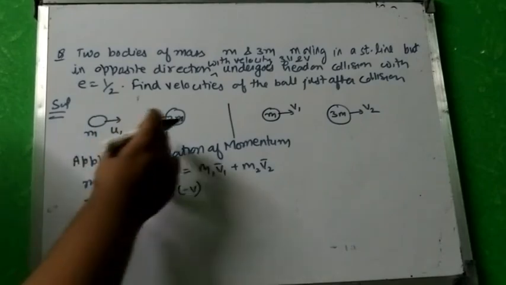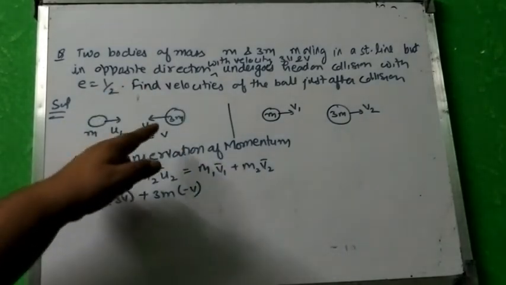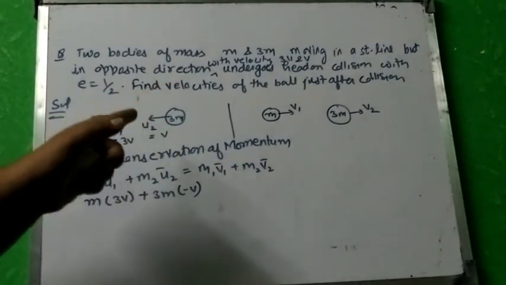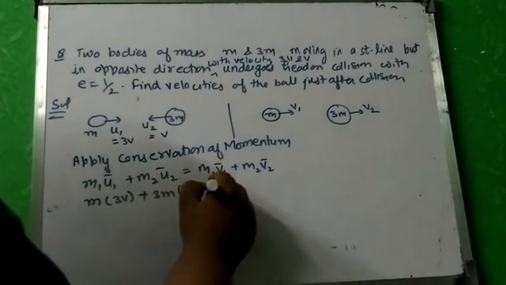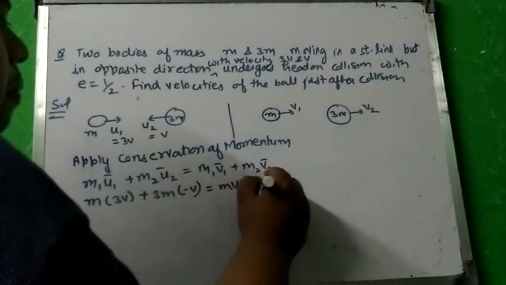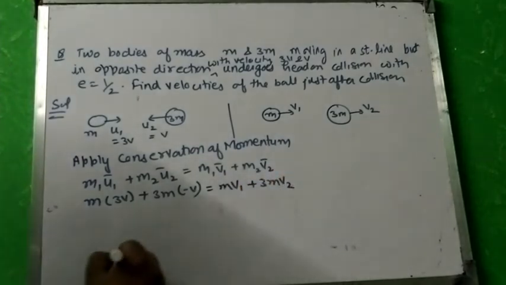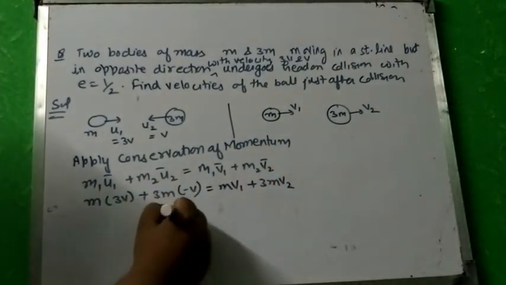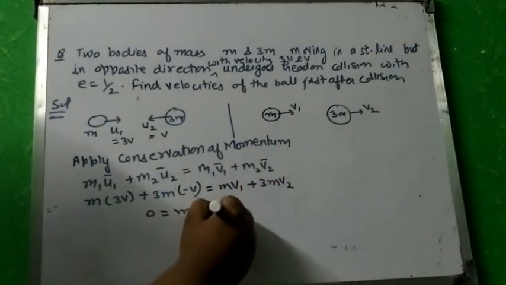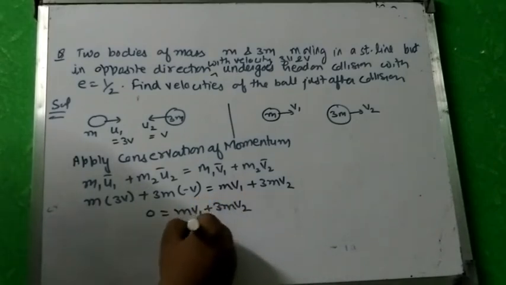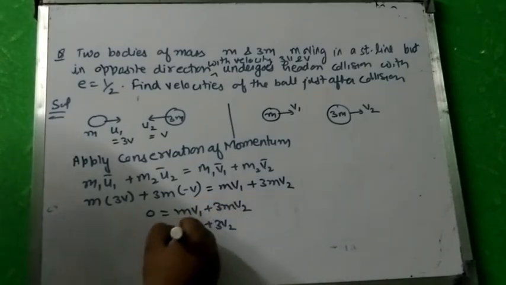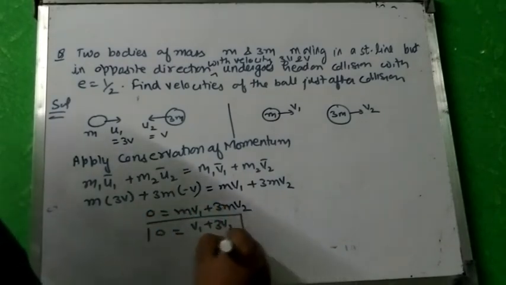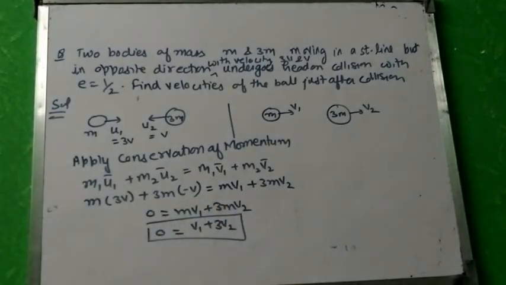Why minus v? Because it is towards the left. Is equal to m into v1 plus 3m into v2. So this term will become 0 is equal to m v1 plus 3m v2. So from here, v1 plus 3v2 will be equal to 0.